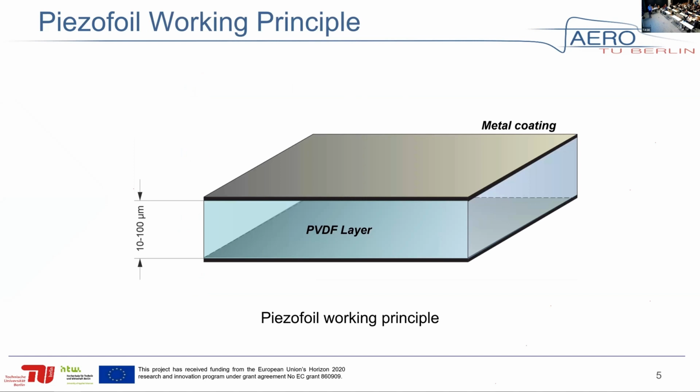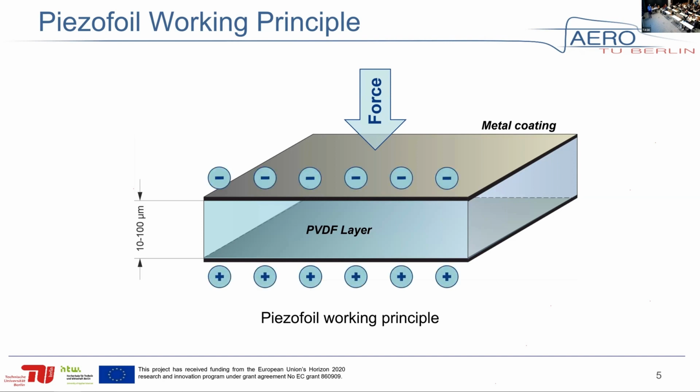The working principle is quite straightforward. We have a special polymer layer called polyvinylidene fluoride. And this polymer is piezoelectric, which means that if we apply a force over this layer, some charge displacement is generated inside the polymer, and charges are collected on the faces of the polymer.